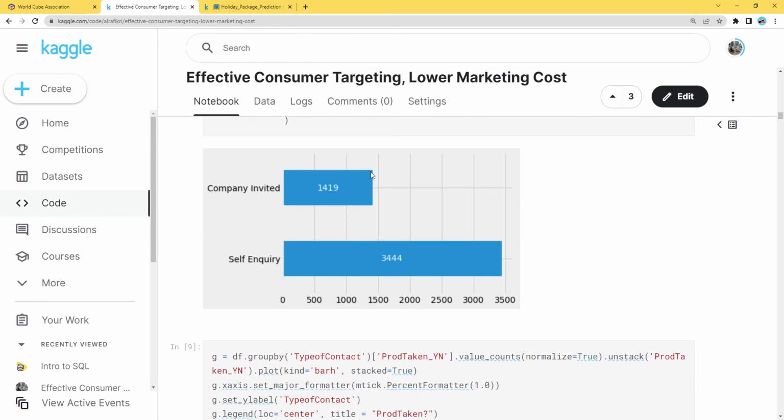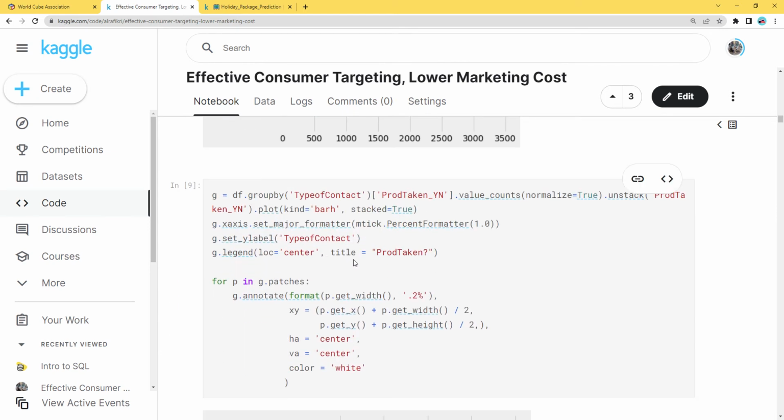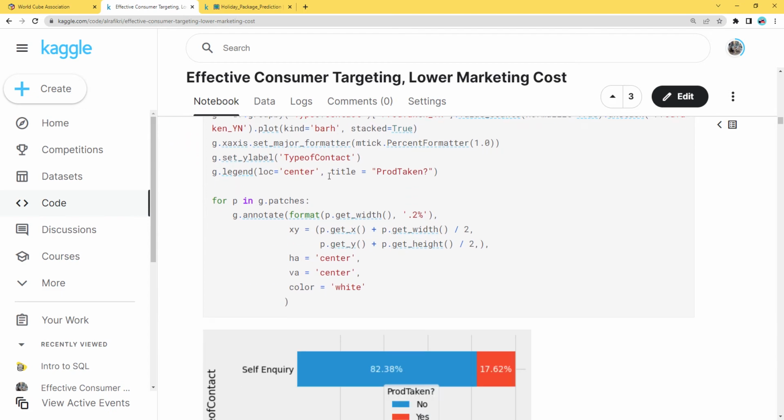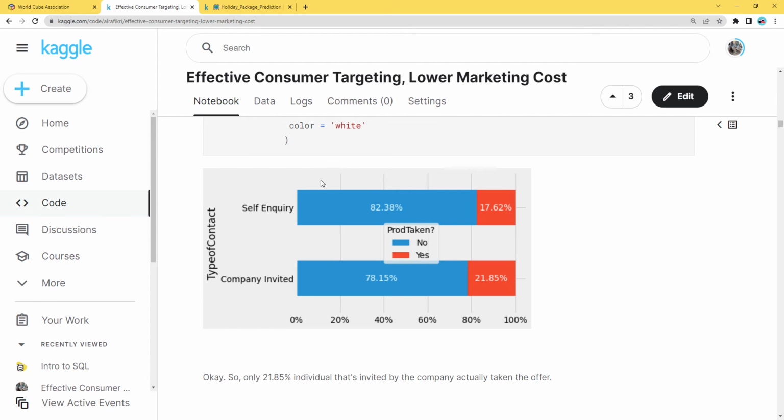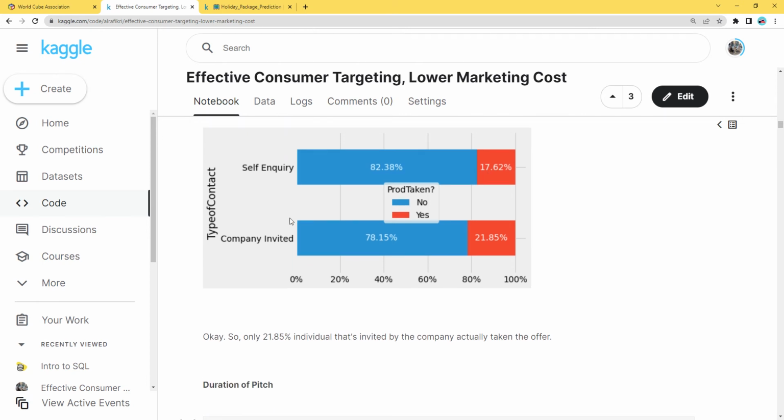Company-invited customers are fewer than self-inquiry, which is kind of good. This is the ratio of people who took the product after the marketing pitch: among company-invited customers, only 21% actually take the product.